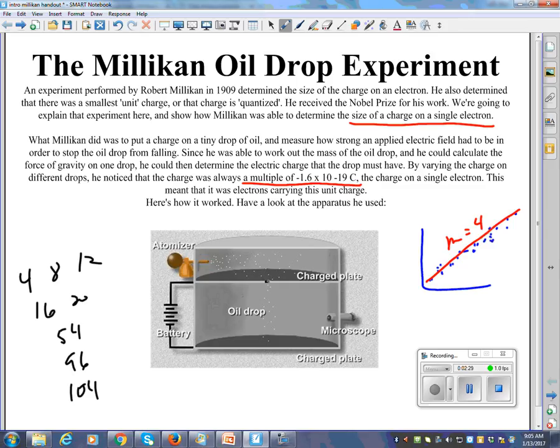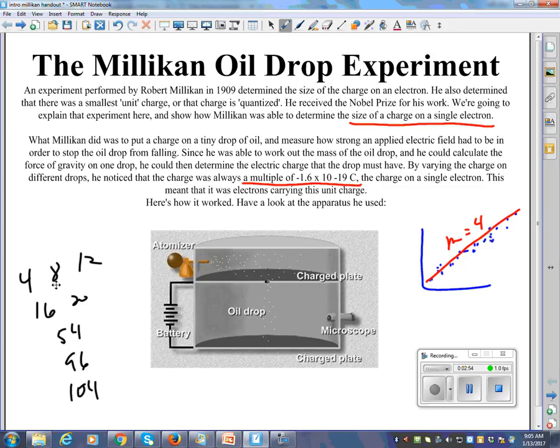No, it might have been 4.75. He probably had to round. So it's that multiple thing. And then he likely took the slope of that graph, okay? But I want you to understand that he didn't just get, poof, out came this magical number that worked exactly perfect every time. Okay? He would have probably had to graph it, probably took the slope.